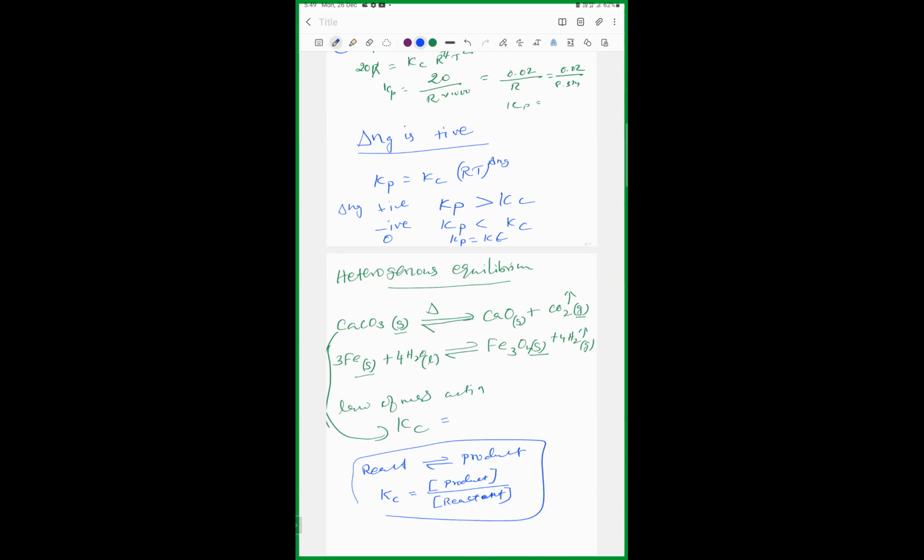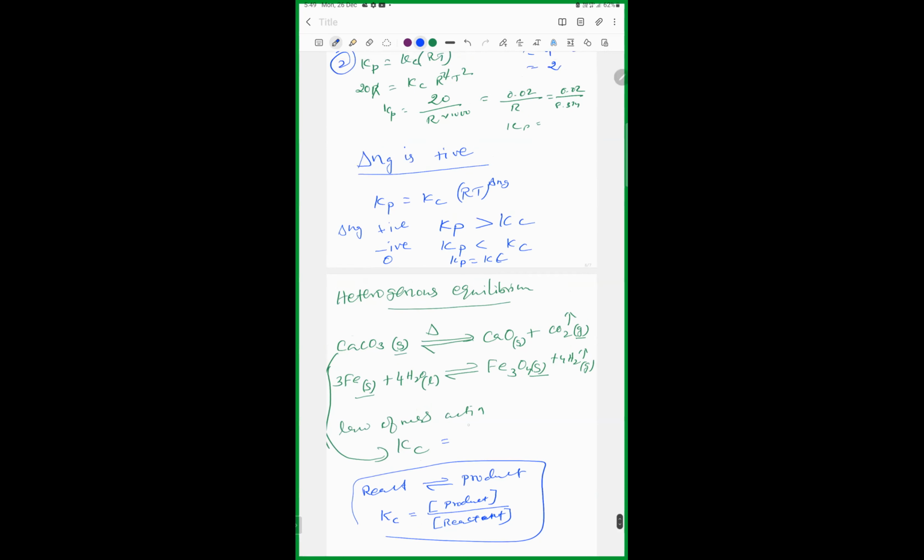Which is the product? Sir, CaO plus CO2 is the product.